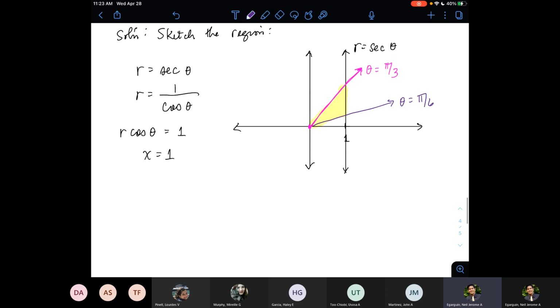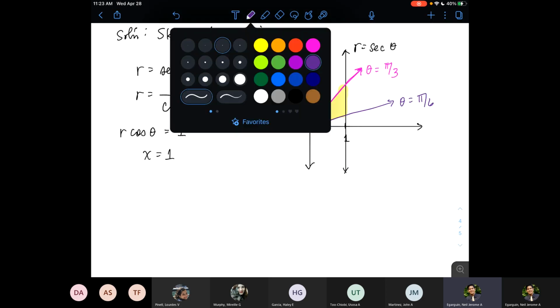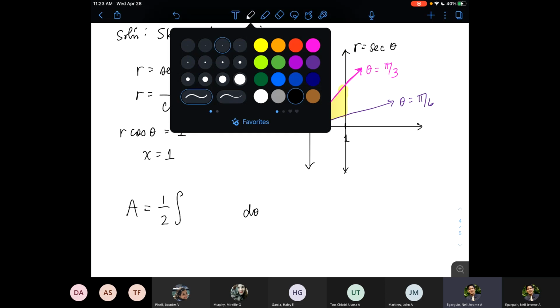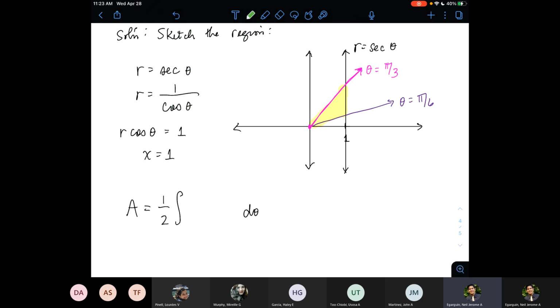And now let's set up the integral that will give us the area. Remember that the area has as a mainstay one half integral with respect to theta of the radius. Well, how do you find the radius? What I do is to draw a ray and imagine this ray being rotated along the polar plane.